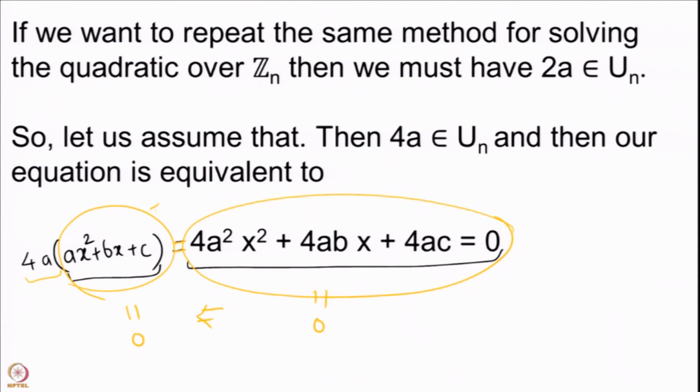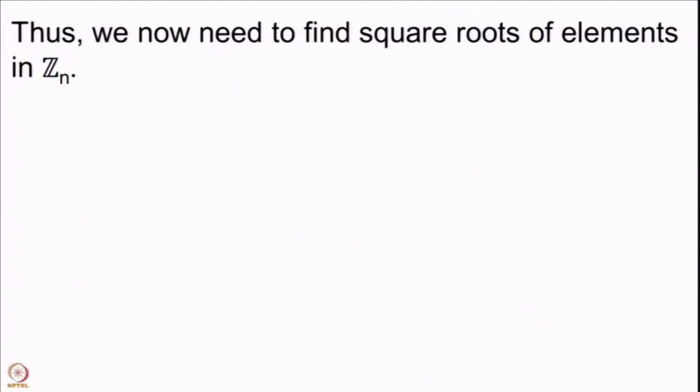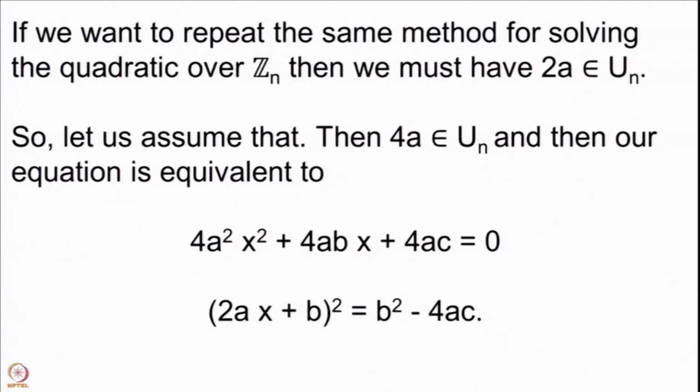On the other hand, if this is 0, you will simply multiply by 4a to get that this is 0. So, our equation is indeed equivalent to the equation that we have written down, and now we know how to deal with these things. If you remember the proof of your quadratic formula, then you know that you have to separate the squares. So, the squares need to be separated, and once you separate the squares we get our formula.